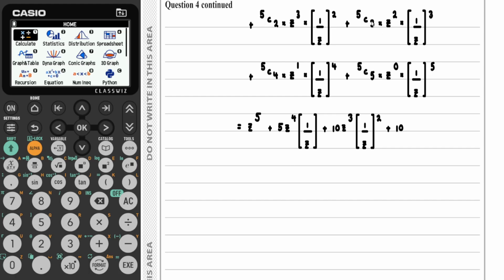For the next term, we've got 10 z squared times 1 over z cubed. For the next term, we've got 5 times z times 1 over z to the 4. For the next term, we would simply have 1 over z to the 5.